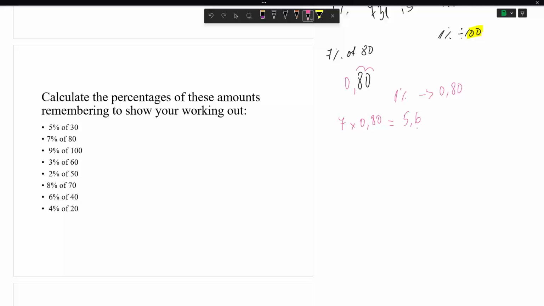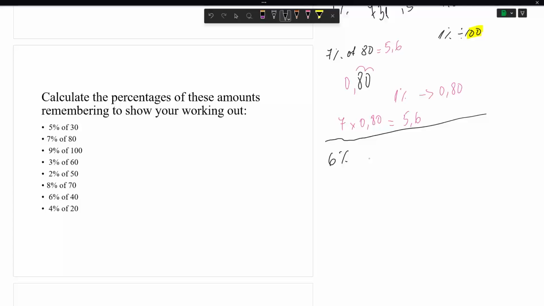Let's have a look at another example. Let's say 6% of 40. We find 1% first, and we said we divide by 100.